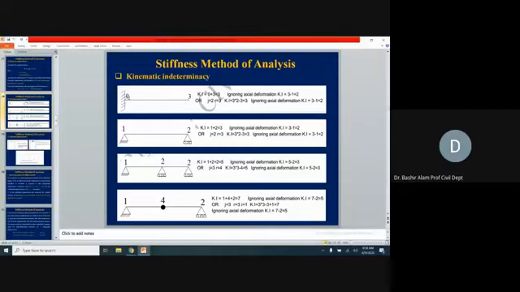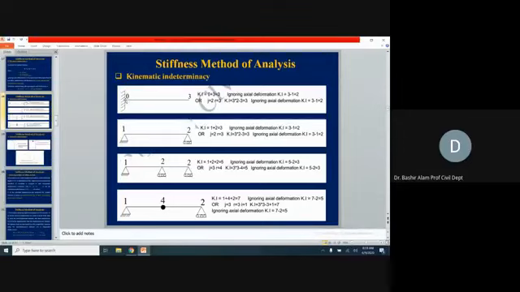This 0 shows the kinematic indeterminacy at the left joint, and 3 shows the kinematic indeterminacy at the right joint, which is free. Why 0? Because it can resist vertical force, horizontal force, and the moment also. So no chances of vertical translation, horizontal translation, and rotation. That is why here it is 0.